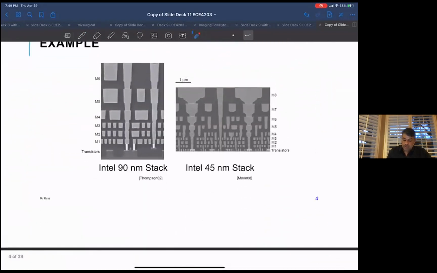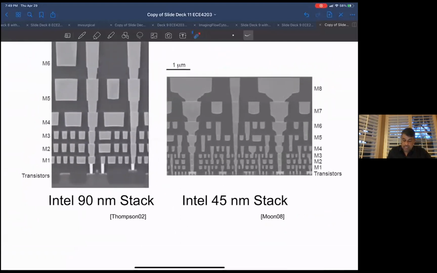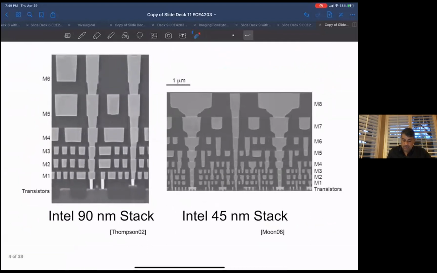if you do a cross-section, these are scanning electron microscope pictures of different chips and different processes. This is a 90 nanometer process. This is a 45 nanometer process. If you look at this, the transistors are really these itty bitty things at the bottom here.